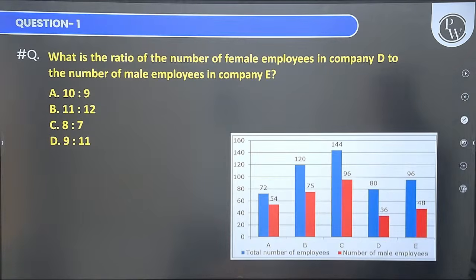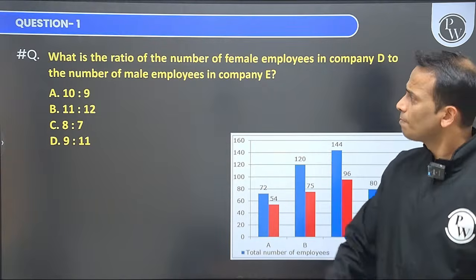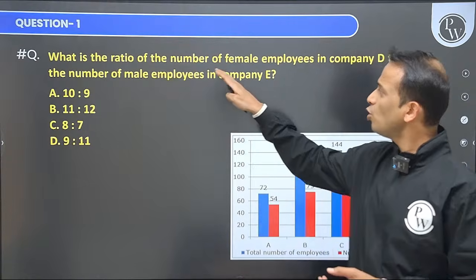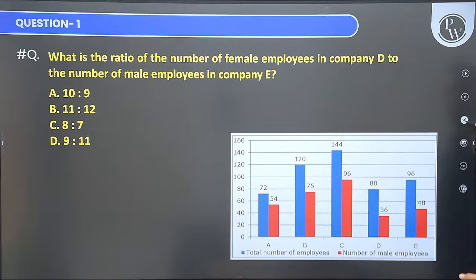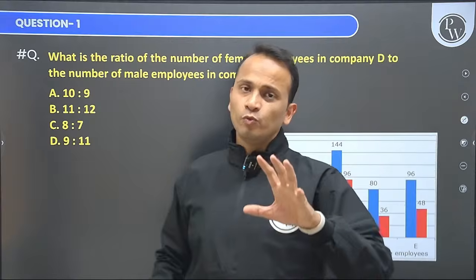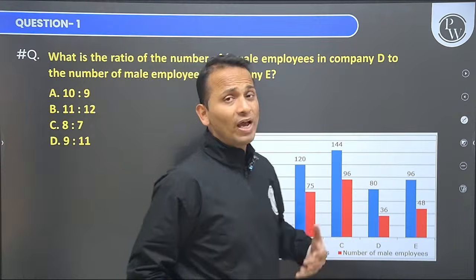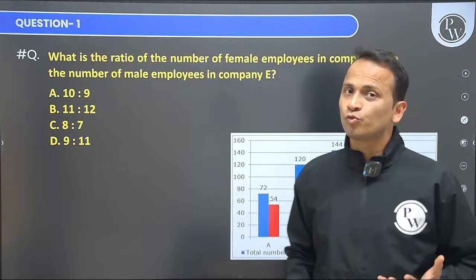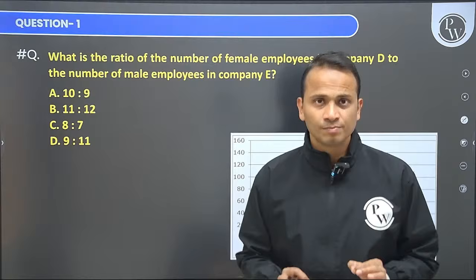Okay, all right. So, answer to question number 1 given by almost all of you. The question here is, what is the ratio of number of female employees in company D to the number of male employees in company E? A very easy question. So first of all, we are going to understand how to basically pick up the values, and while we are picking up the values from the graph, we should not make any kind of mistake.